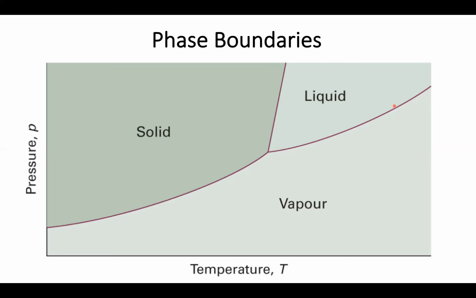Similarly, we see a straight line when we're looking at the phase boundary for fusion, as we see a relatively linear relationship between temperature and pressure for solid-liquid phase transitions.